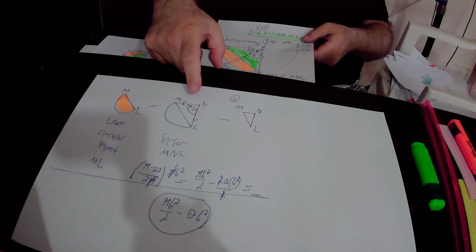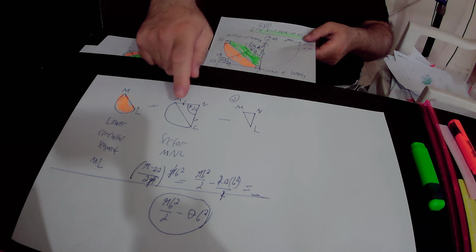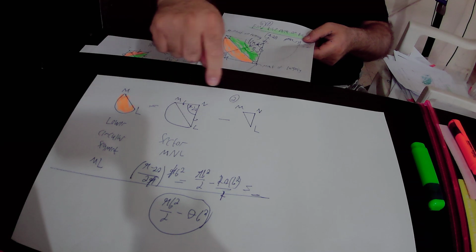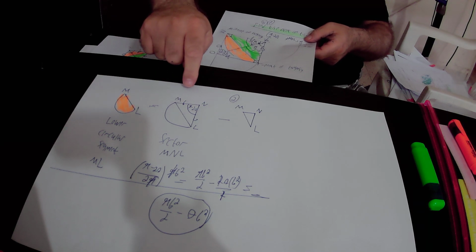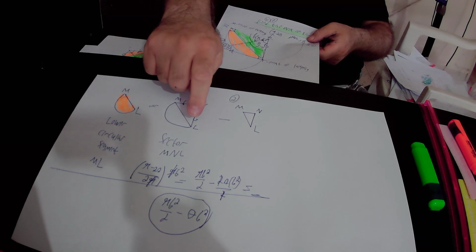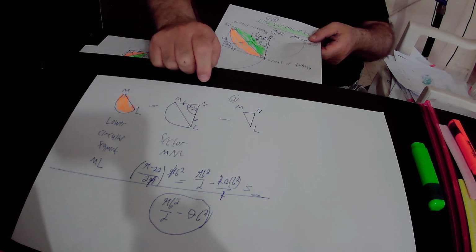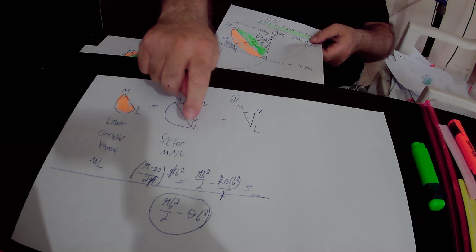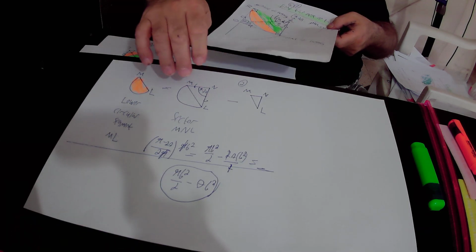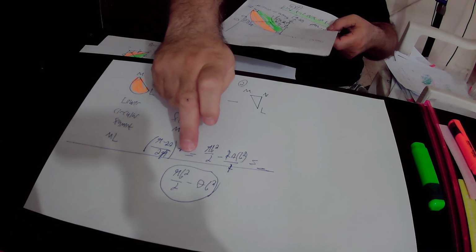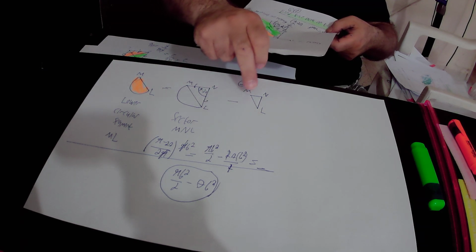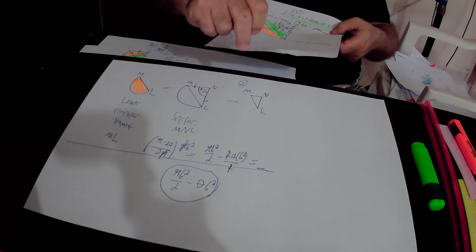Therefore, the area of sector NML equals pi minus 2 theta over 2 pi times the area of the circle, that is pi r squared, but here r equals b, so it is pi b squared. So the ratio between the two angles times the area of the circle equals the area of this sector. So in conclusion, the area of sector MNL equals pi b squared over 2 minus theta b squared. And we also have to subtract the area of the triangle, so we will do it later.